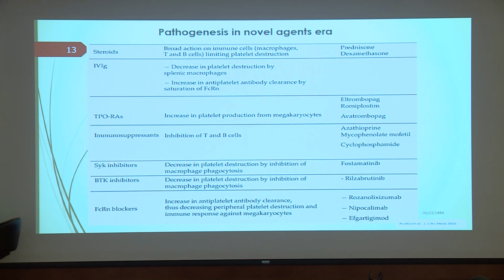If you see a Syk inhibitor like fostamatinib, it decreases platelet destruction by inhibition of macrophage phagocytosis, and protein tyrosine kinase inhibitors act the same way, because they target the same mechanism.